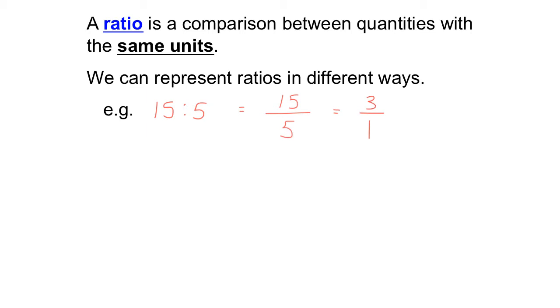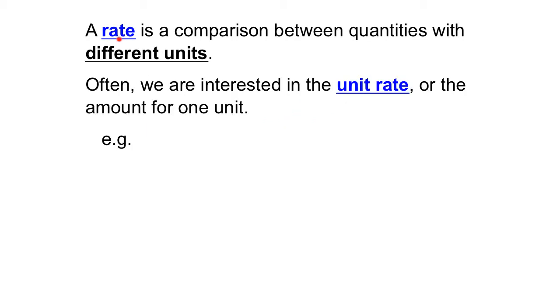Now, a rate is different than a ratio. A ratio compared quantities with the same units, but a rate is a comparison between quantities with different units. Often we are interested in the unit rate, or the amount for 1 unit. So I'll give you an example.